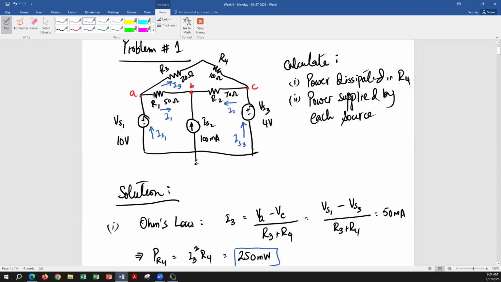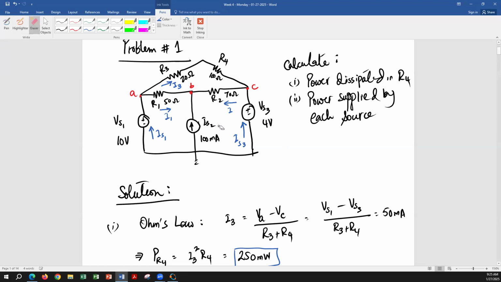Once we find VB, how are we going to find power supplied by each source? IS1 is equal to I3 plus I1. Very good. What else? IS3 is going to be I2 minus I3.